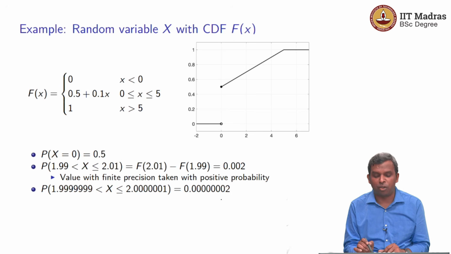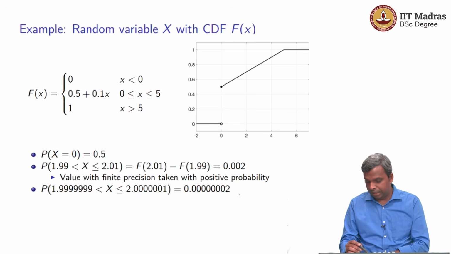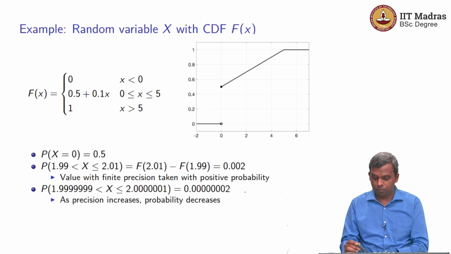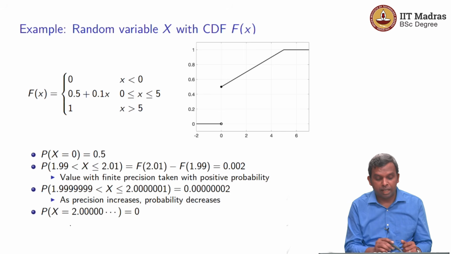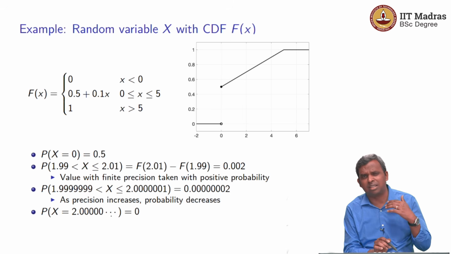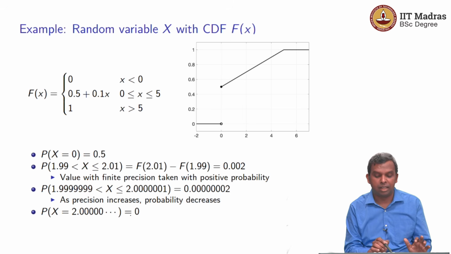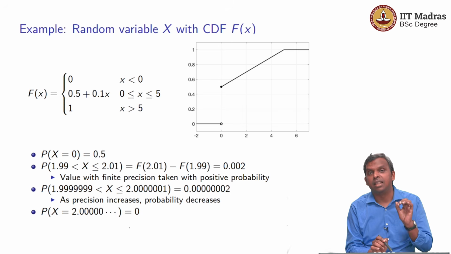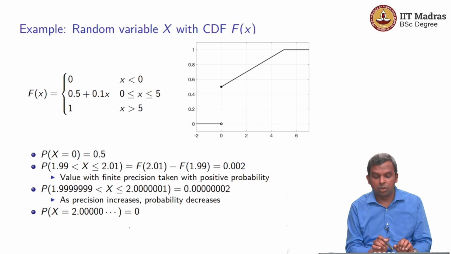It turns out that if you keep pushing and pushing in the limit, if you say the probability that x equals 2.00000 with no limit on precision, then the answer has to be equal to 0. This is what is non-intuitive about it.